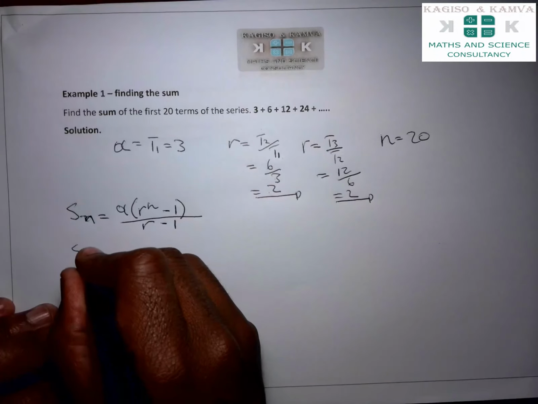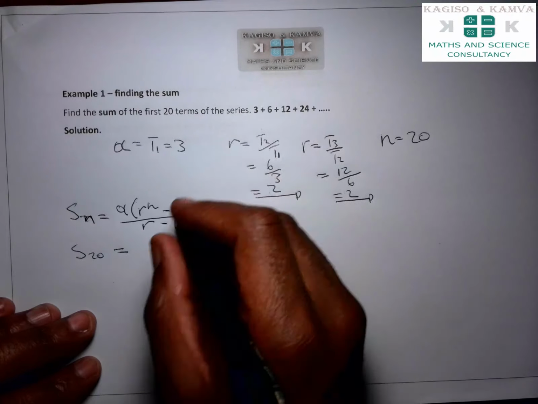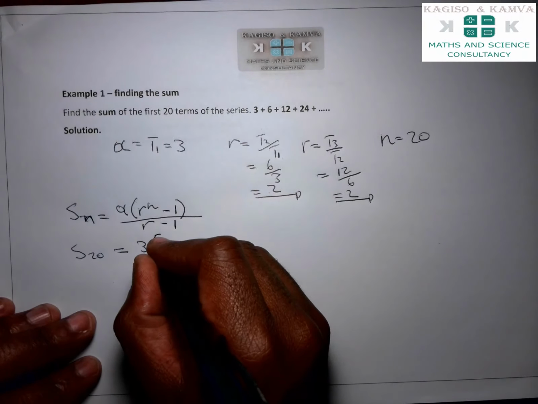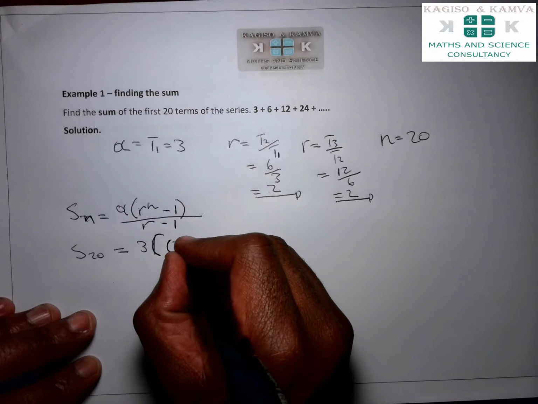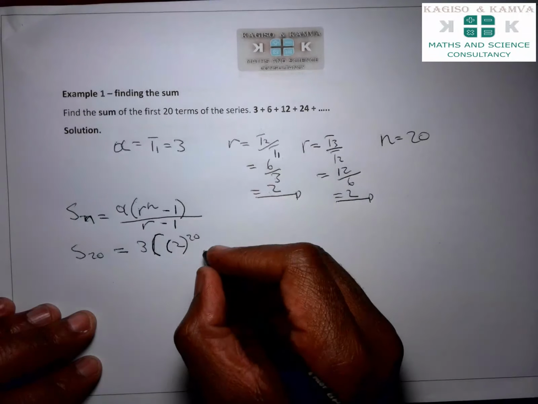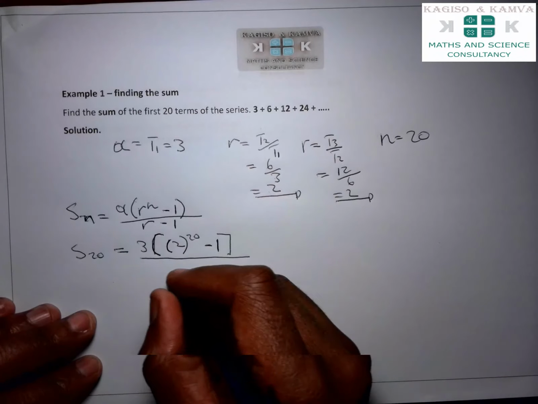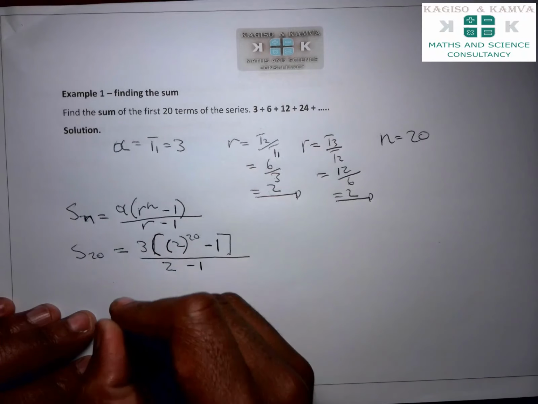We are looking for the sum of the first 20 terms. a is 3, so that will be 3 times (2 to the exponent 20 minus 1) all over 2 minus 1.